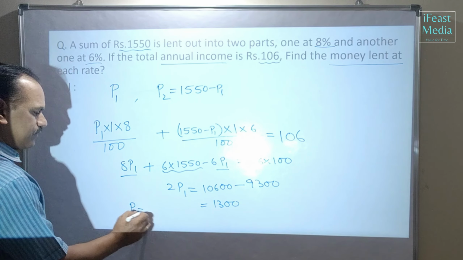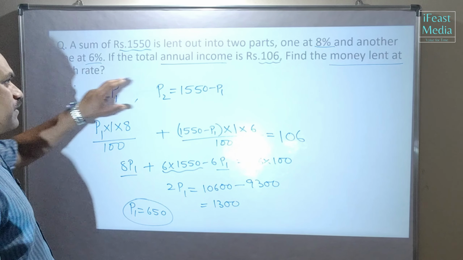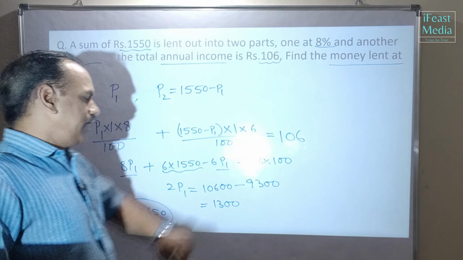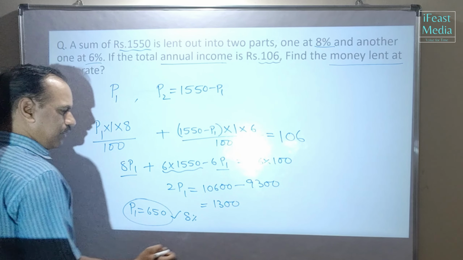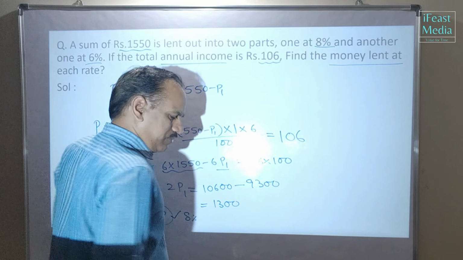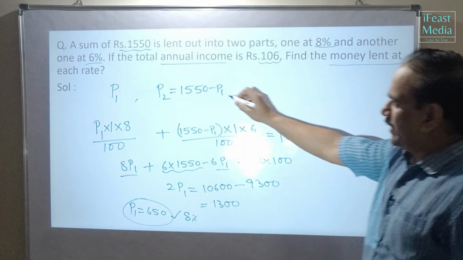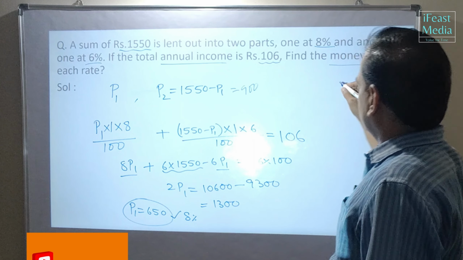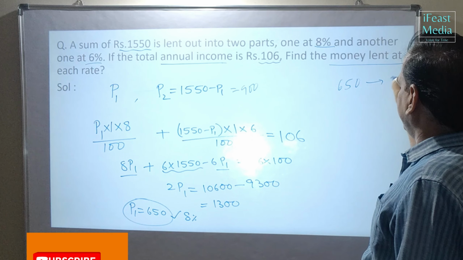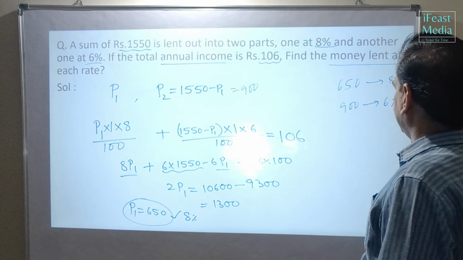So P1 is 650. What is P1? The first part. It is given at a rate percent of 8%. So 650 is given at 8%, whereas the remaining part, 1550 minus 650, the second part, is 900. So 650 is given at 8%, 900 is given at 6%.